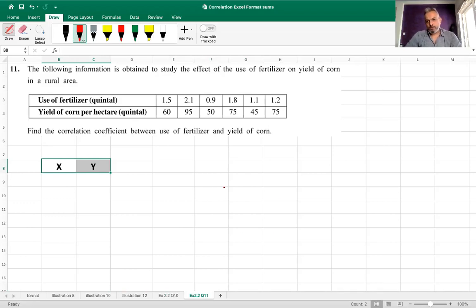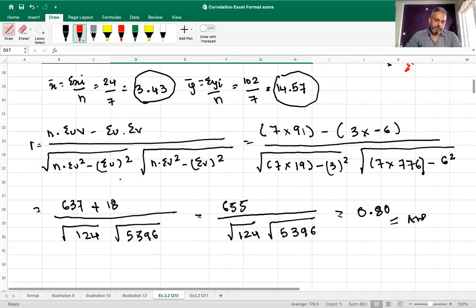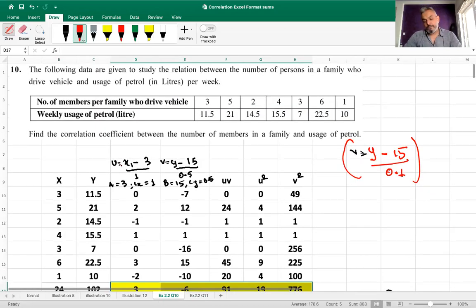Now, one student has asked one more doubt: sir, if it is up to 2 decimal places, then what? Then don't worry. If it is 2 decimal places, like 3.26, then you divide by 0.01 instead of 0.1. That is 1 upon 100.